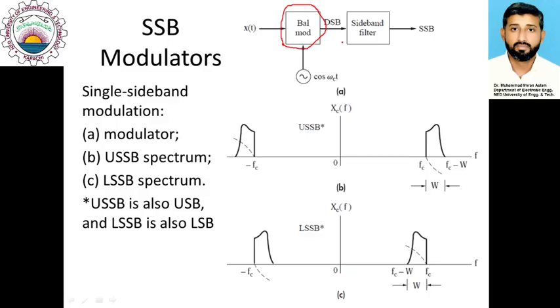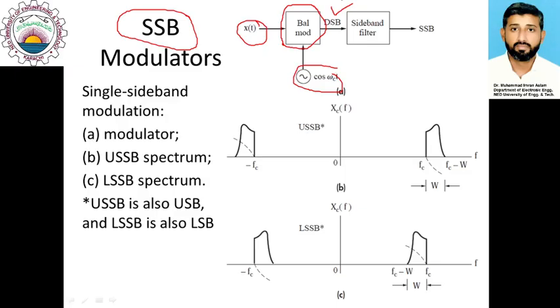So the DSB signal is basically generated by a balance modulator. The first step towards SSB generation is to use a balance modulator, so that a DSB signal is generated in which you have suppressed the carrier. It takes input of message signal and the carrier wave and then generates the DSB signal.